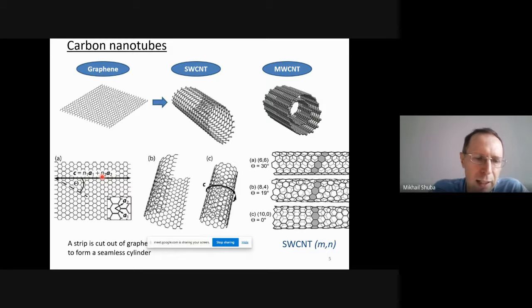These chiral indexes describe a vector of rolling, C. Depending on the direction of rolling, we have different types of carbon nanotubes, and they could be metallic or semiconducting depending on this vector of rolling.